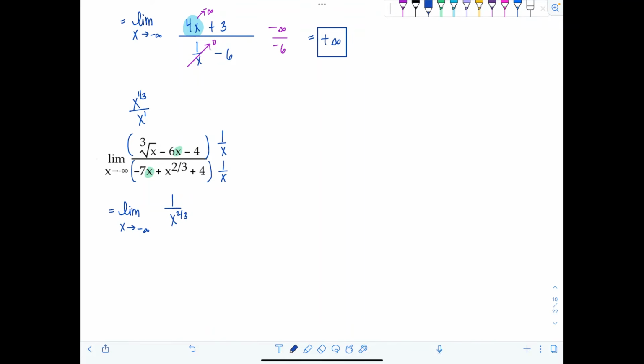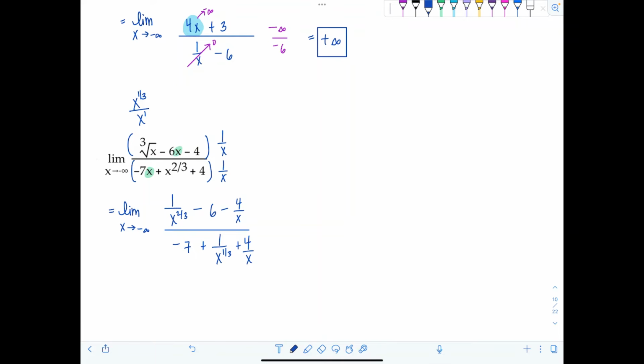Subtract the exponents. Wherever the exponent's higher, that's where you're going to have them left over. Minus 6 minus 4 over x, over negative 7 plus 1 over x to the 1/3 plus 4 over x. Is that what you got?